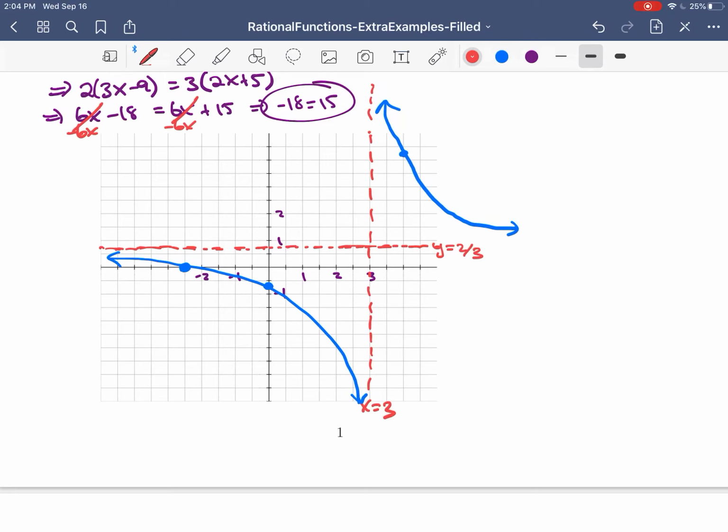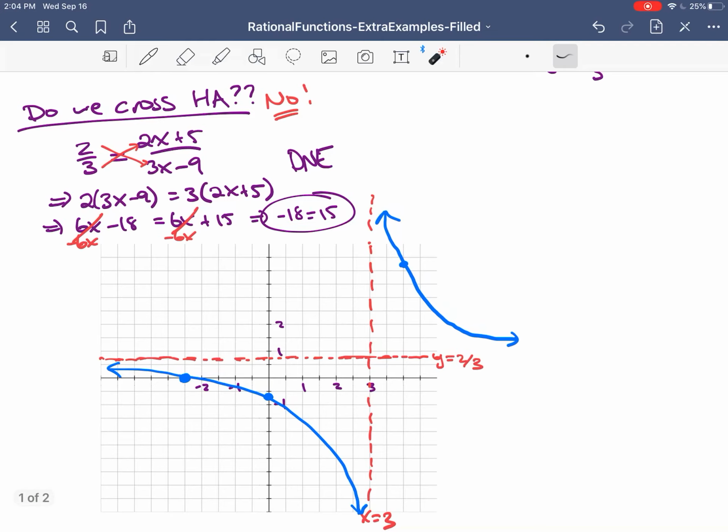As x goes to negative infinity, we have to approach the horizontal asymptote, so from here it has to go like that. As we approach 3, we go to plus or minus infinity because this is a vertical asymptote, but we can't go up because then we would cross, so it has to go down. The same thing over here. That's what our graph would look like.